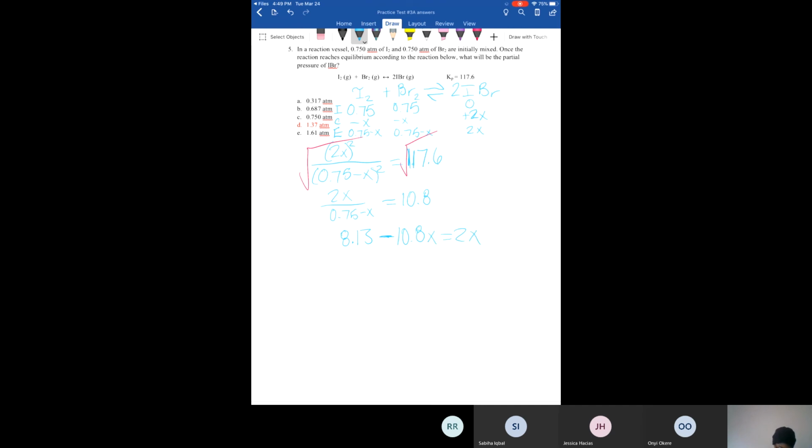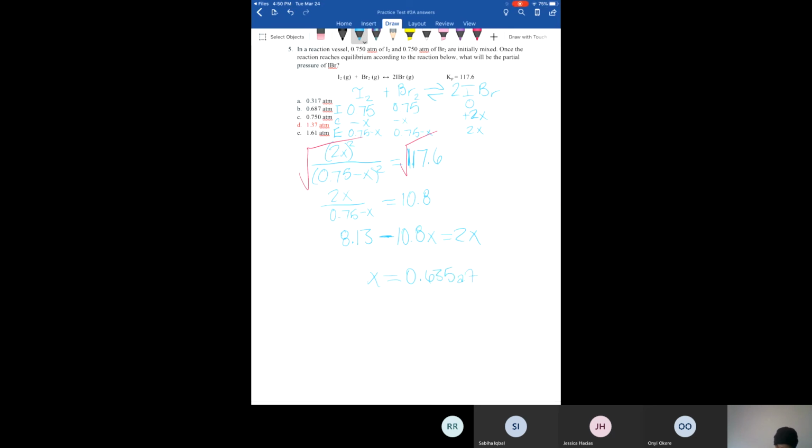So I can just solve. In order to solve, just add 10.8x on both sides. You get 8.13 divided by 12.8. So your x is going to equal 0.64. Or in this case, it's going to be prettier if I do 0.64. And this is going to be atm.